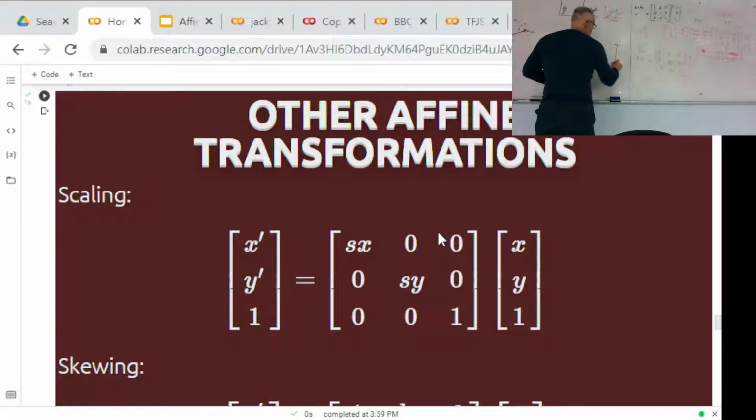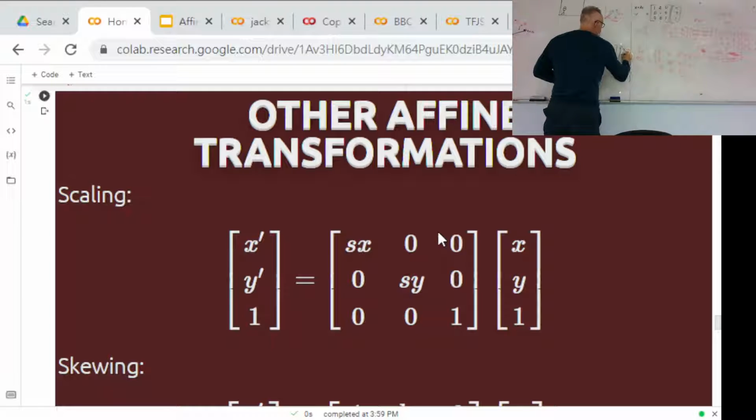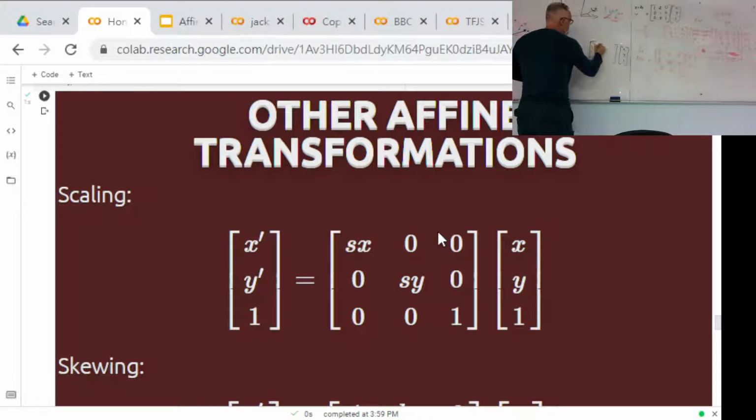But since we have this nice and dandy matrix representation, I can simply calculate the compound transformation matrices. So first, I take this point, move it to the origin.